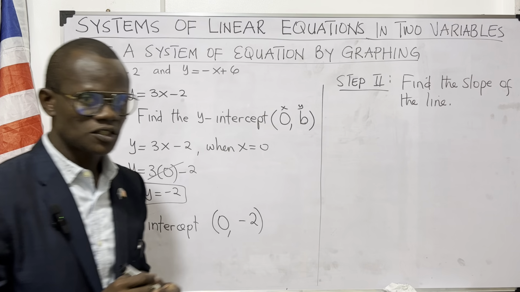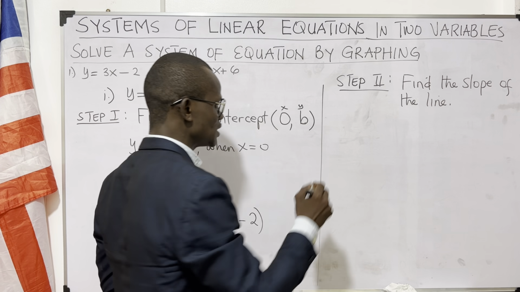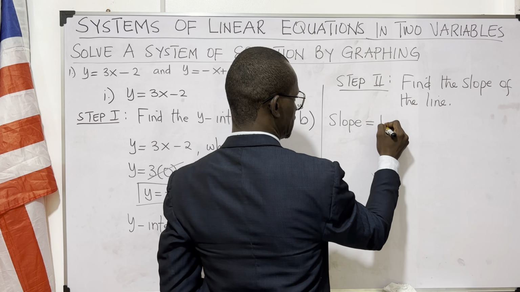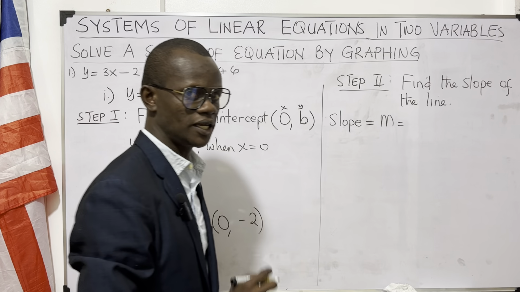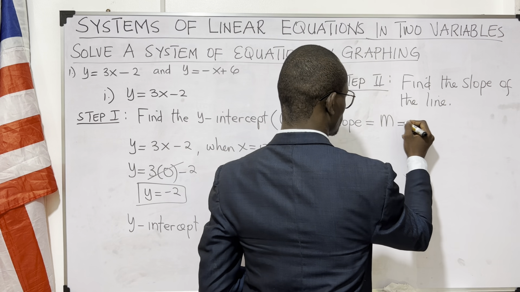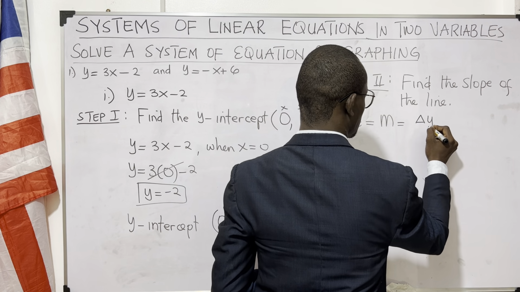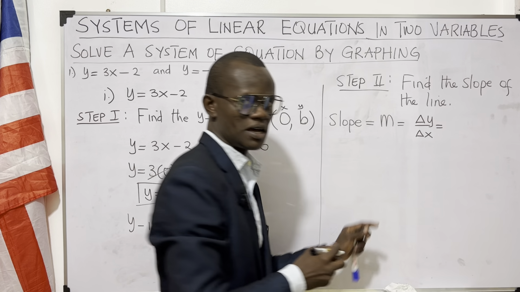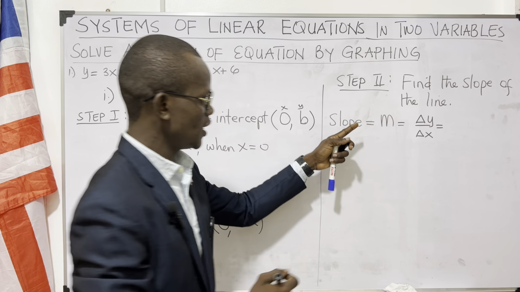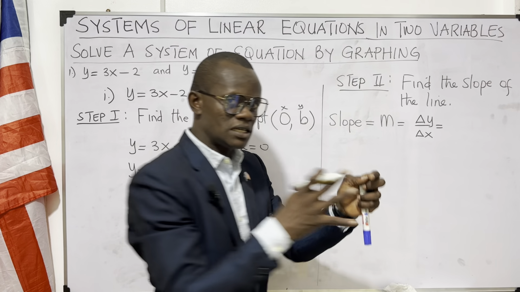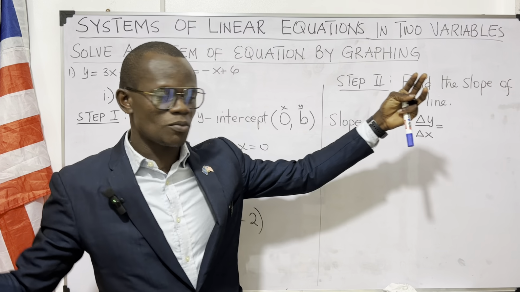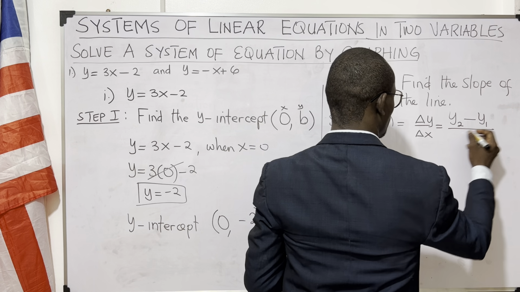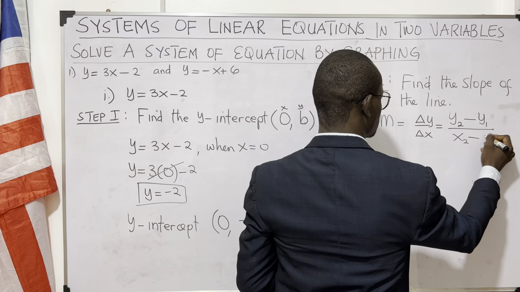Take note that the slope, which is also m, is equal to the change in y divided by the change in x. I will come back to this. The change in y means the difference between the big Y and the small y, that is y2 minus y1, all over x2 minus x1.